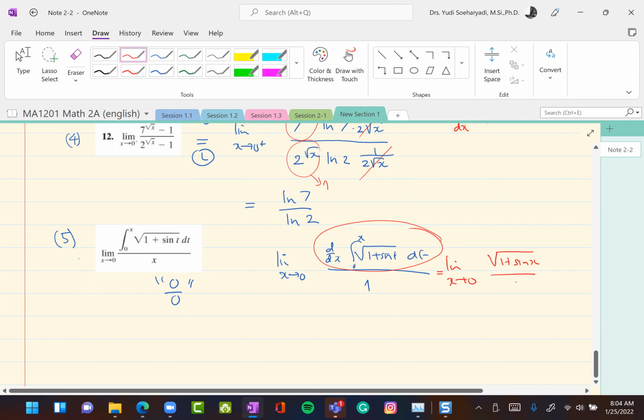Yeah. And now this has a limit because x going to 0 gives 1, 1, 1/5. So the limit of the ratio of derivatives exists. So by L'Hopital rule, it should be equal to this, the original.